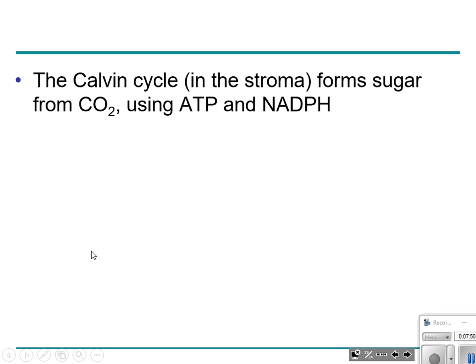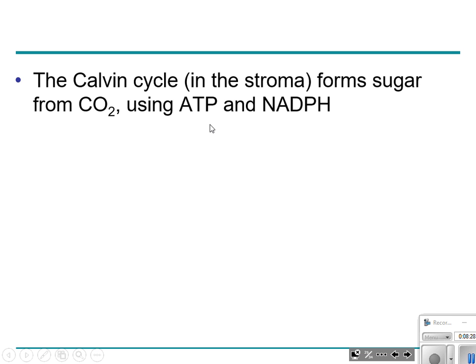Okay, that's another player in the game, and you're going to see that it is cycled back and forth. What the NADPH is, it's an electron carrier. You're going to see how it is cycled through when I show you and we get the diagram that we're going to put in our interactive notebook. Okay, but we're not going to talk in depth about NADPH, okay? We know this guy, ATP, don't we? What's ATP?